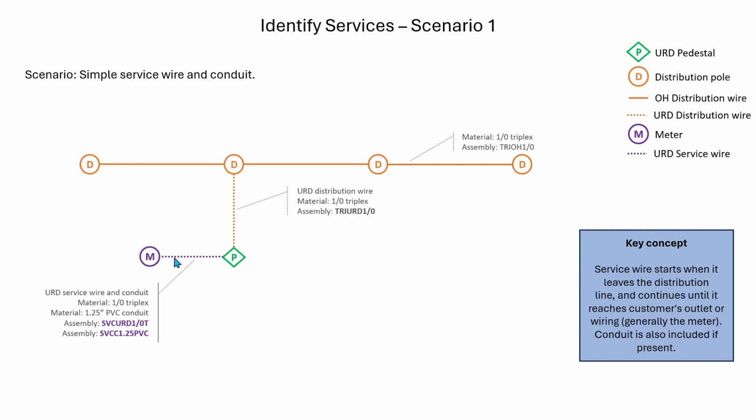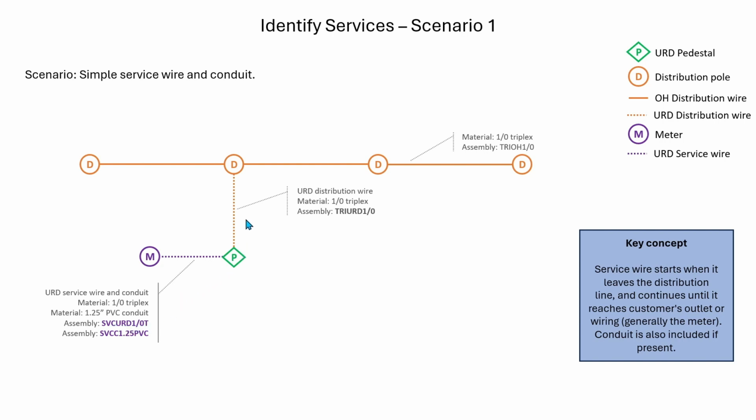So just like in the previous examples where we had 1/0 triplex that was used for multiple purposes, since the portion that's going from the pedestal to the meter is dedicated just to this service, then it's indicated as a service wire, and that's what the SVC URD 1/0T represents here.